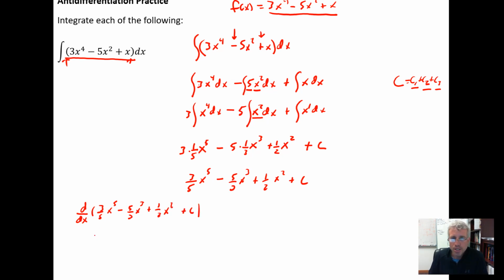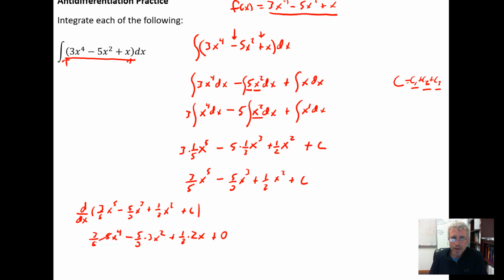So if we differentiate this one, we'll get 3/5 times, bring the 5 down, decrease the exponent by 1, minus 5/3. Differentiate x cubed means bring the 3 down and decrease the exponent by 1, plus 1/2 times differentiate x squared, bring the exponent down, decrease the exponent on the variable by 1, and then the derivative of a constant is 0.